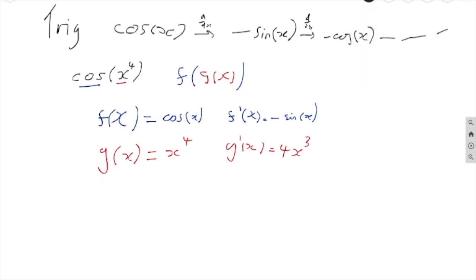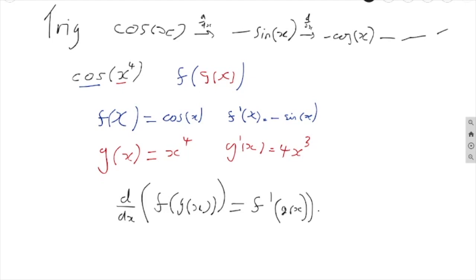Let's go ahead. We know the definition that d by dx of f of g of x equals f prime of g of x multiplied by g prime of x.